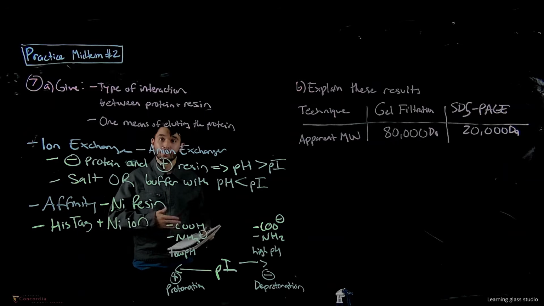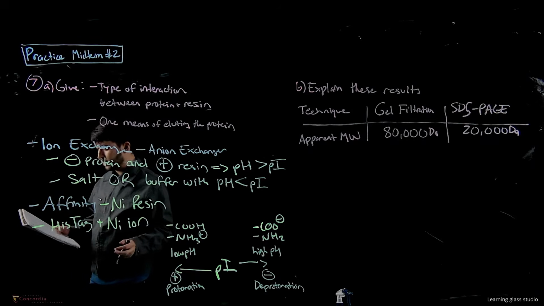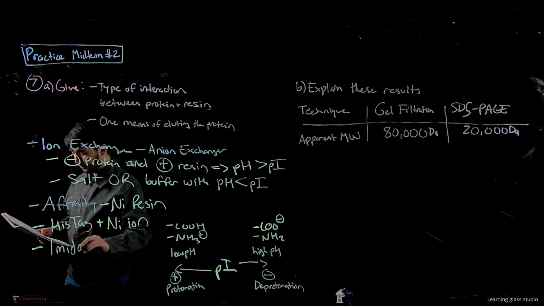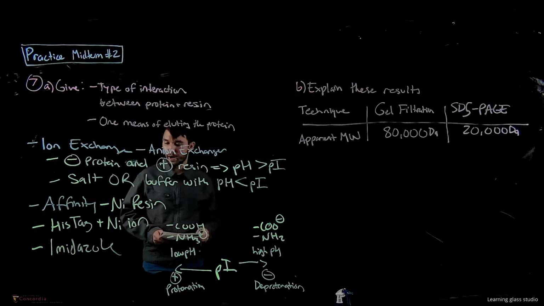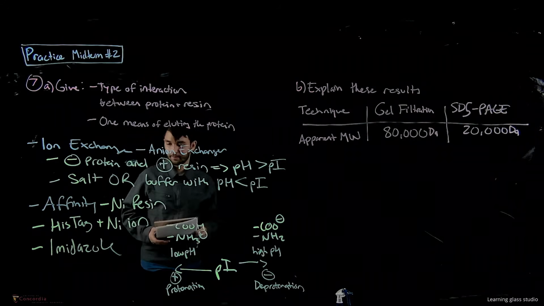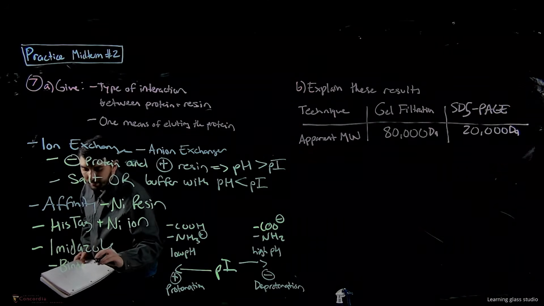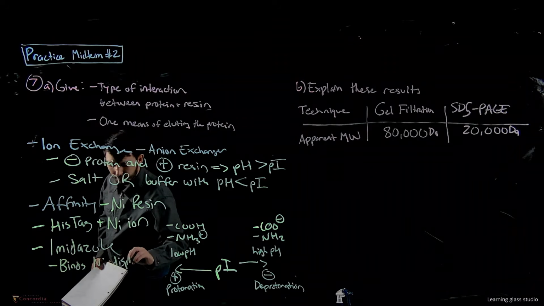Now, if we want to release the protein from the nickel resin, from the affinity chromatography column, we can add imidazole. What imidazole will do is bind to the metal ions, the nickel ions, and this will displace the protein.